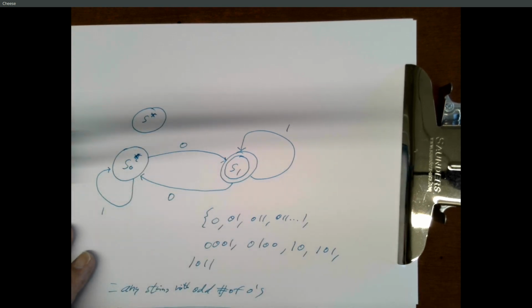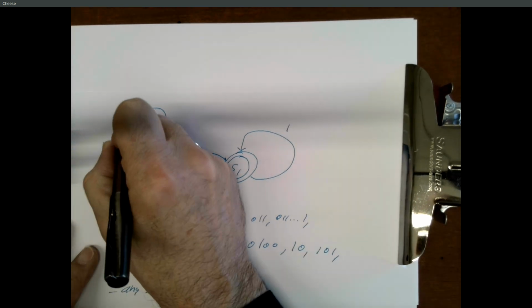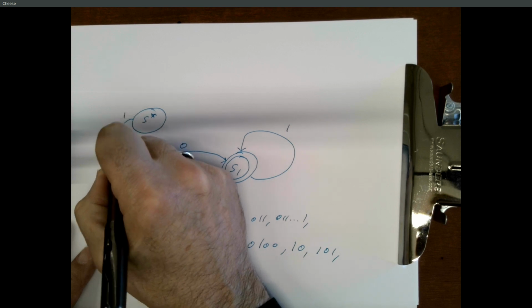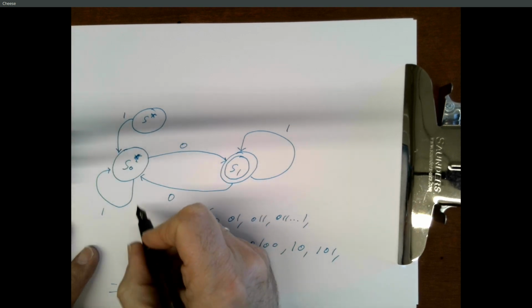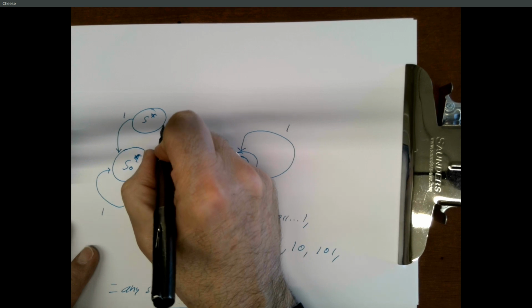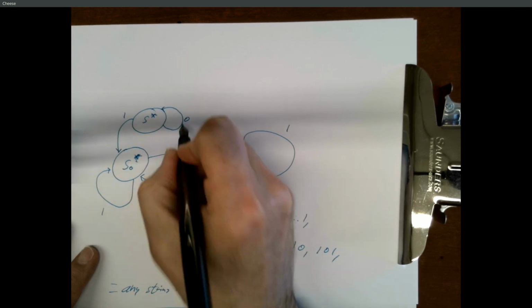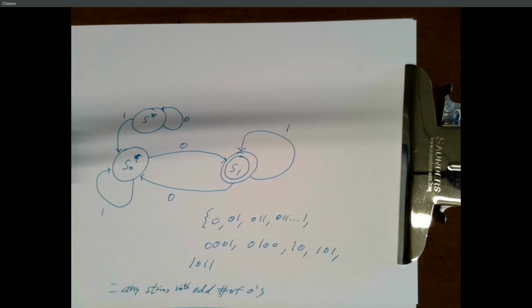So let's make a new start state and let's look for that 1 in the beginning. And if you find a 1, we can go down here and look for an odd number of zeros. If you find a 0, we'll stay here. Well, that's not quite right. Couldn't you just make the same 0 connections to S1 as the previous start?